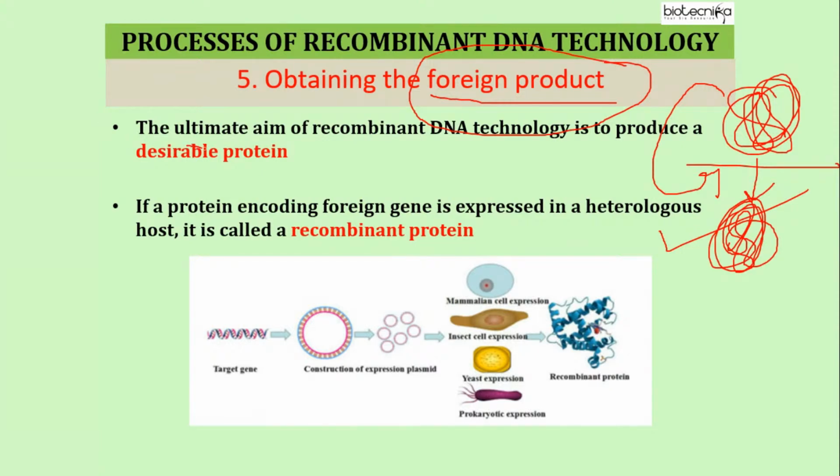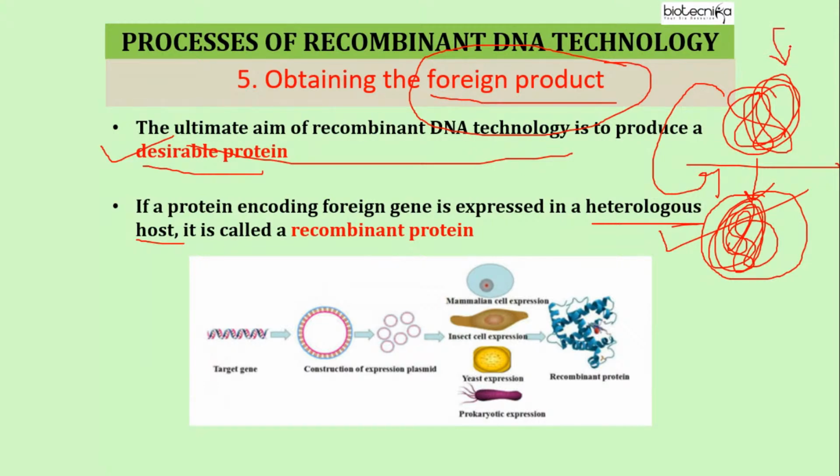So the ultimate aim of recombinant DNA technology, now that we have made a recombinant vector, is to get the desirable protein. From where will we get this protein? We will get it from the recombinant DNA or recombinant vector that we have already made. Here we use a heterologous host. Why? Because we are using some other host where we introduce this recombinant DNA.